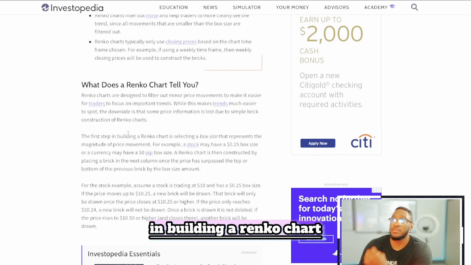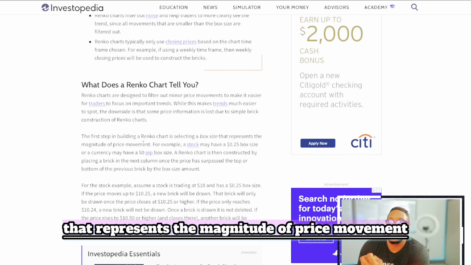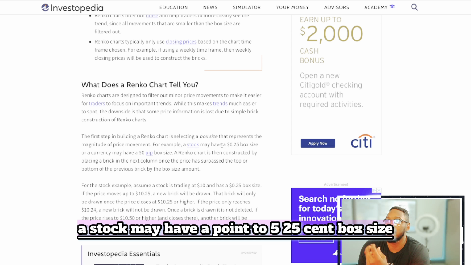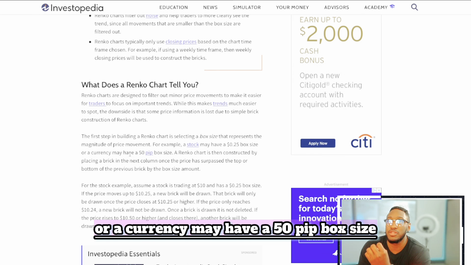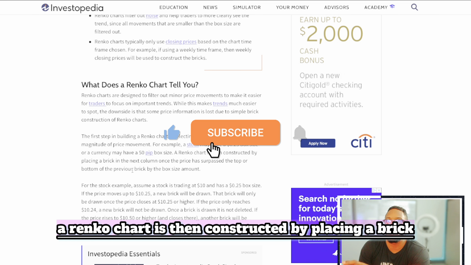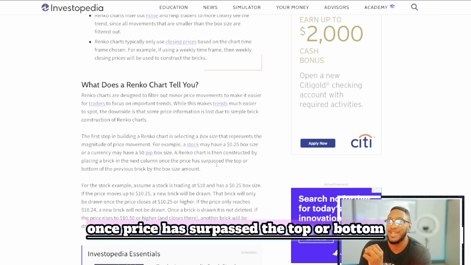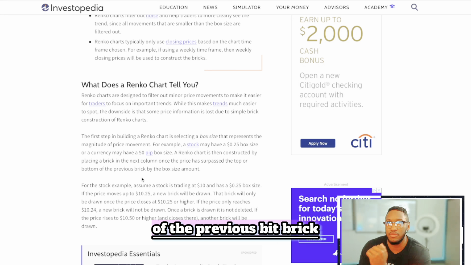The first step in building a Renko chart is selecting a box size that represents the magnitude of price movement. For example, a stock may have a 0.25 or 25 cent box size, or a currency may have a 50 pip box size. A Renko chart is then constructed by placing a brick in the next column once price has surpassed the top or bottom of the previous brick by the box size amount.